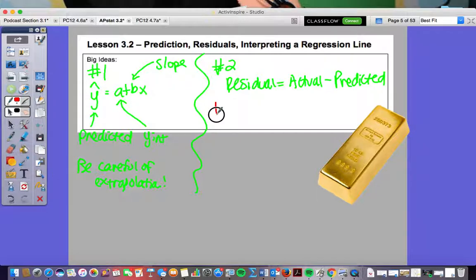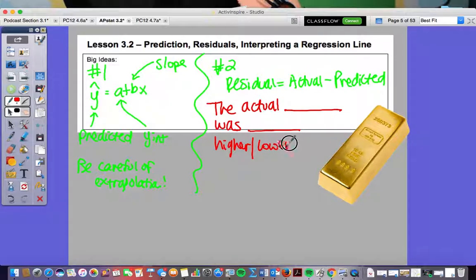It would be the actual blank, and I'm going to come back to that in just a second, was blank higher or lower, whatever the context of your question is, than the predicted for blank.